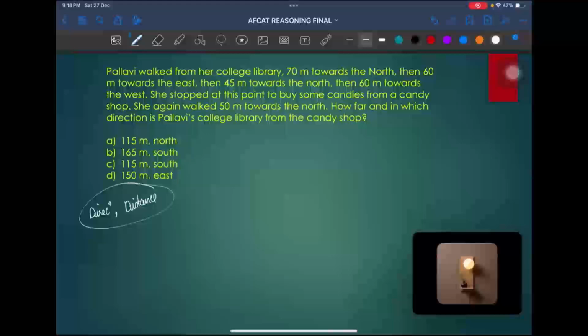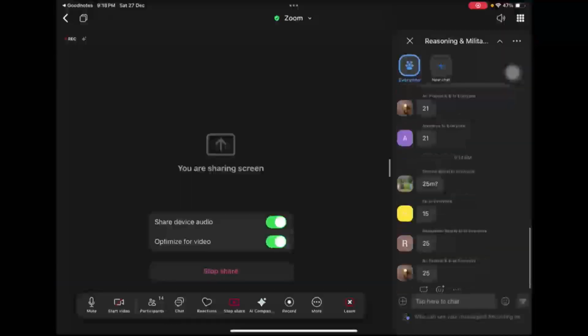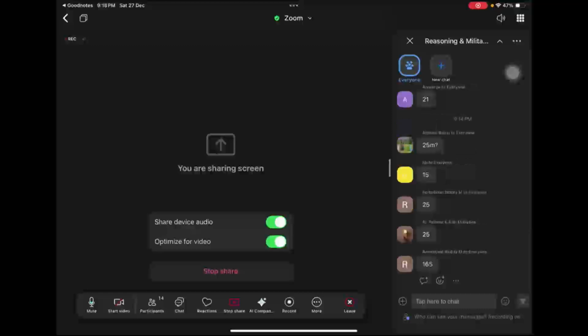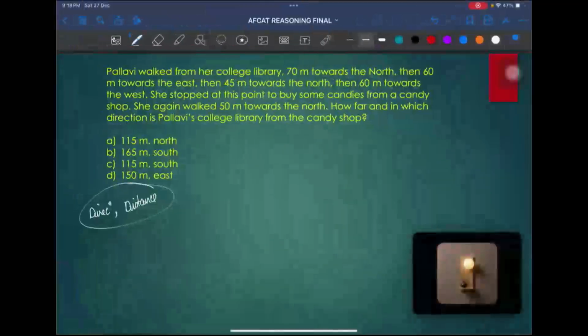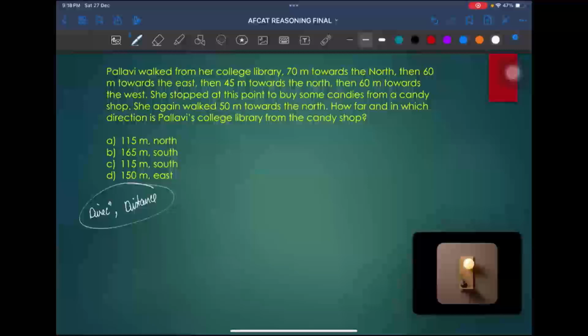Yeah, try to solve this. Randir is telling 165. Let's see. The question is specifically mentioning how far and in which direction is Pallavi's college library from the candy shop.